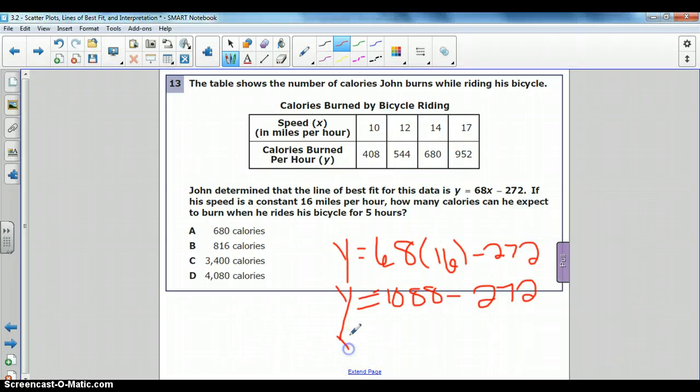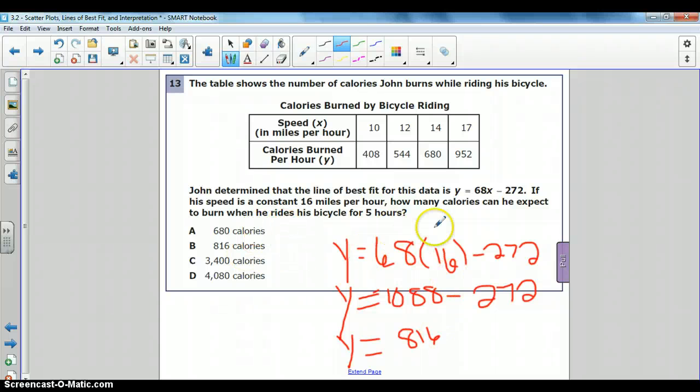Okay, it's 816. Okay, which of course is an option. They're trying to trick you. Okay, so going 1 hour at 16 miles per hour is burning 816 calories.